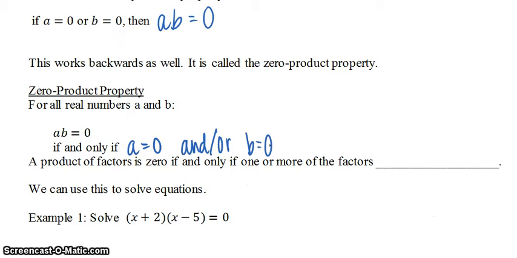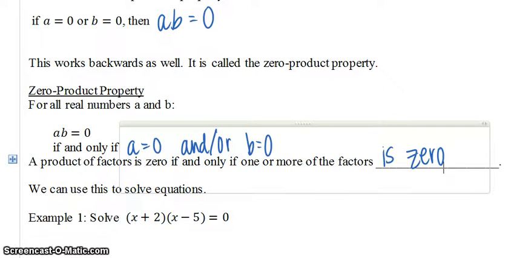This is saying a product of factors, because two factors are being multiplied by each other. A product of factors is 0 if and only if one or more of the factors is 0. As long as one of the factors is 0, everything's going to be 0, because 0 times anything is 0. So we can use this to help solve our equations.